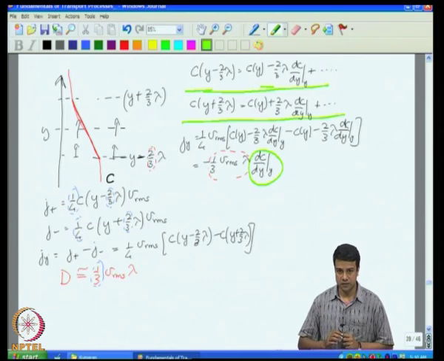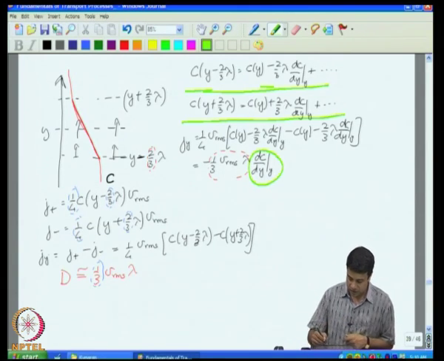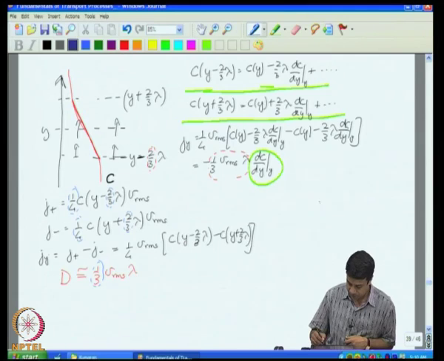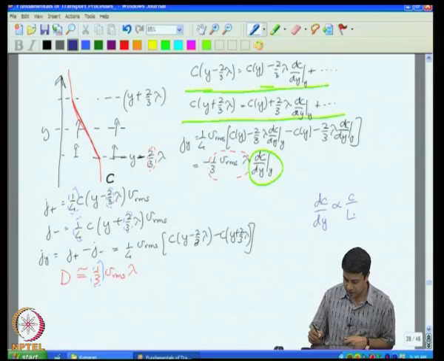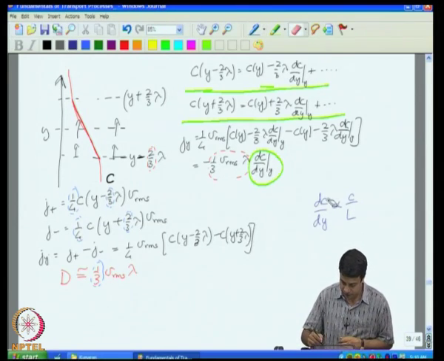If that length scale is large compared to the mean free path, then the variation of the concentration with distance dc by dy is approximately proportional to c by that macroscopic length scale. It goes as c divided by that length scale.